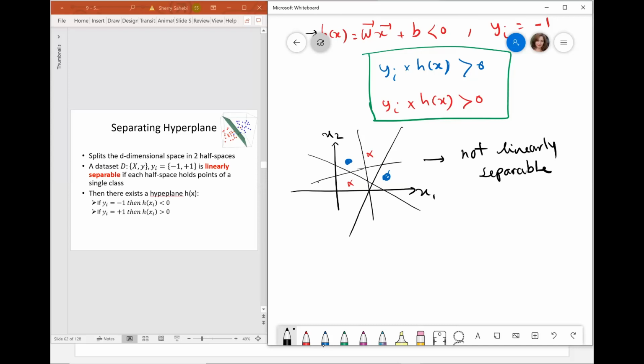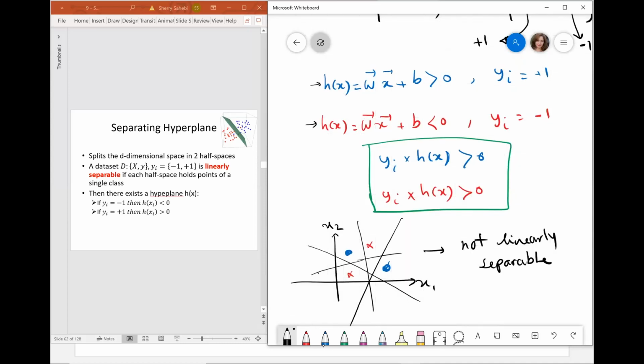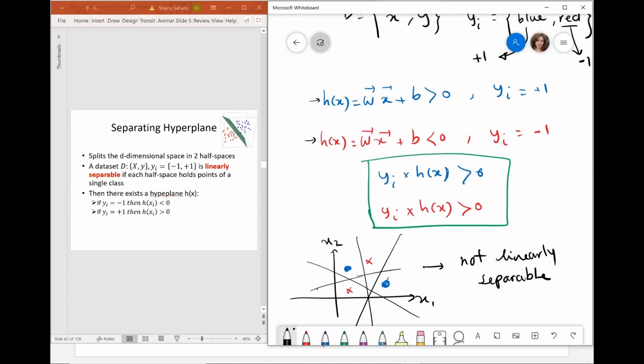But for any linearly separable data, we can find a hyperplane that separates these two classes. If the formulation for the hyperplane is h of x equal to 0, then if the label is -1, we are going to have h of x less than 0 for all of the class -1, and if the label is +1, we are going to have h of x more than 0 for class +1.